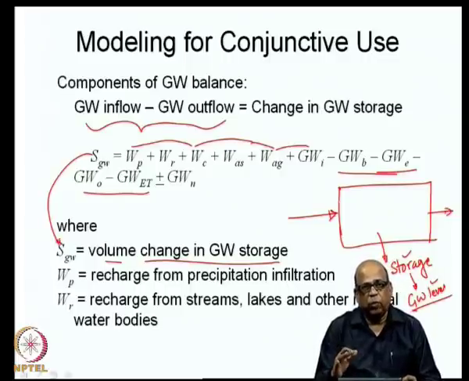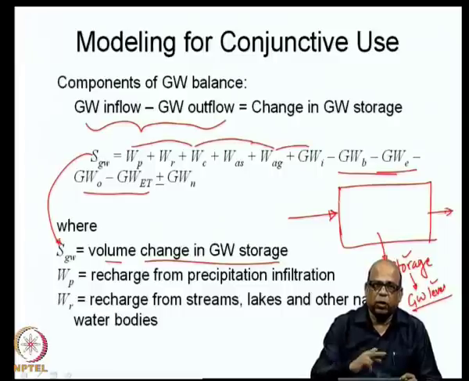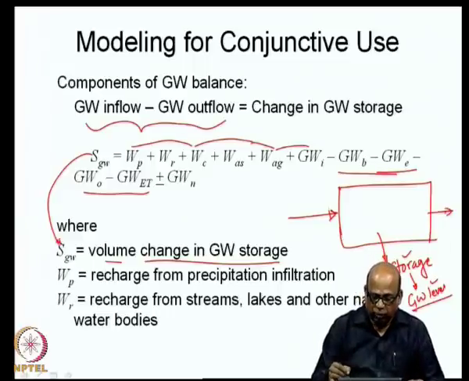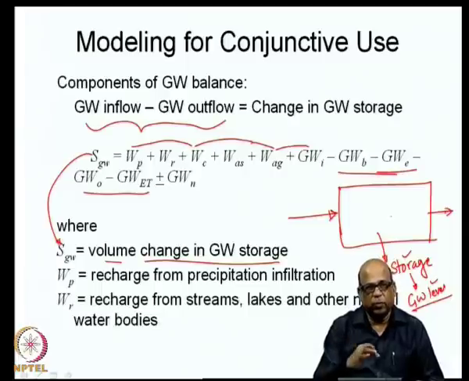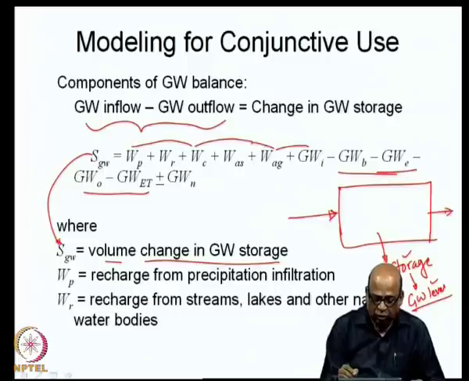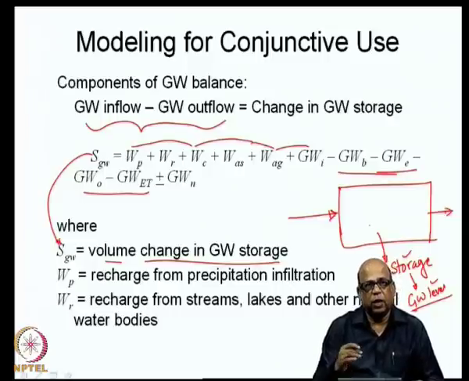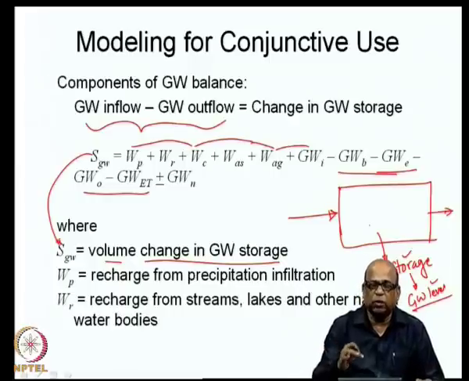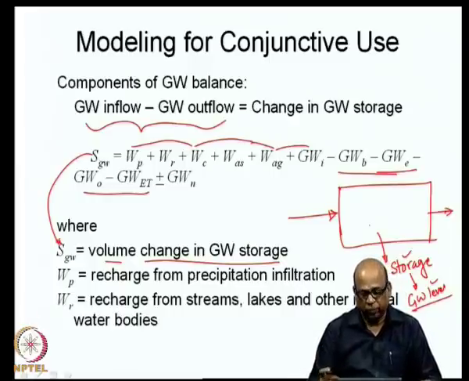Physically, the aquifer boundaries and the irrigated area boundaries will not match with each other, but for the purpose of conjunctive use, we take only that much area of the aquifer which is just below the irrigated area. Anything outside of that, this is now looked at as a control volume, and then anything outside of that you account for through inflow into that system as well as outflow from the system.